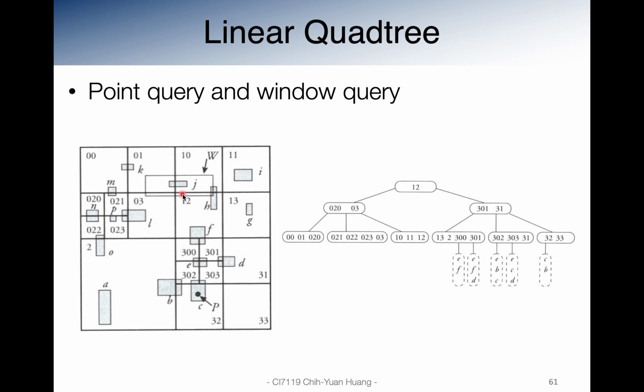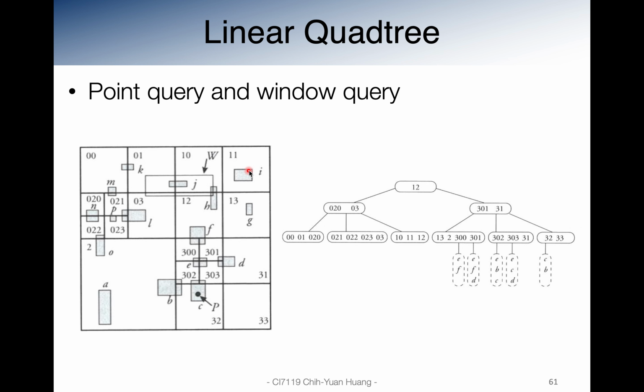From the two-dimensional view, this is not so efficient because there are some unnecessary comparisons, for example the data in 0, 2, 0, 0, 2, 1, 0, 2, 2, 0, 2, 3, and also 1, 1. The data over here and over here are unnecessarily retrieved and compared.